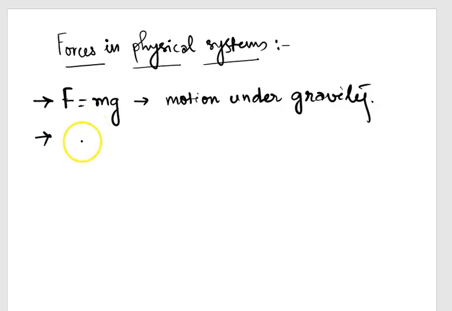Let's say, for instance, an object, its weight is acting downwards, and there is an upthrust acting upwards.